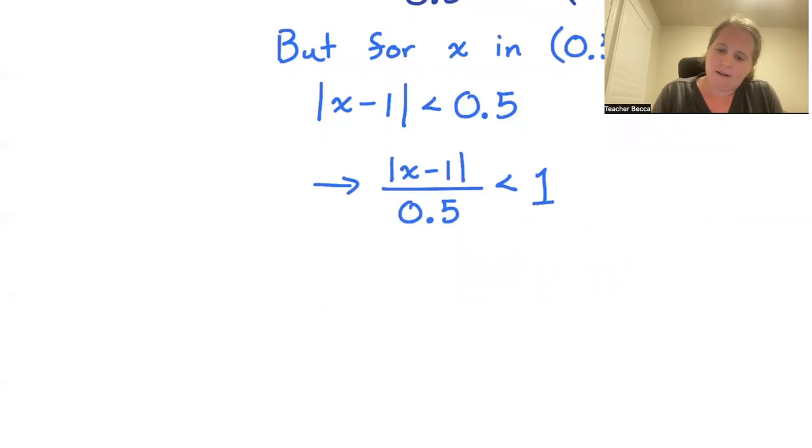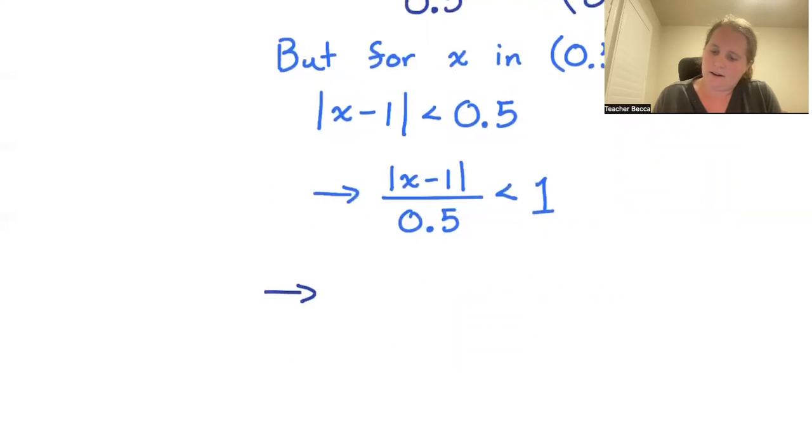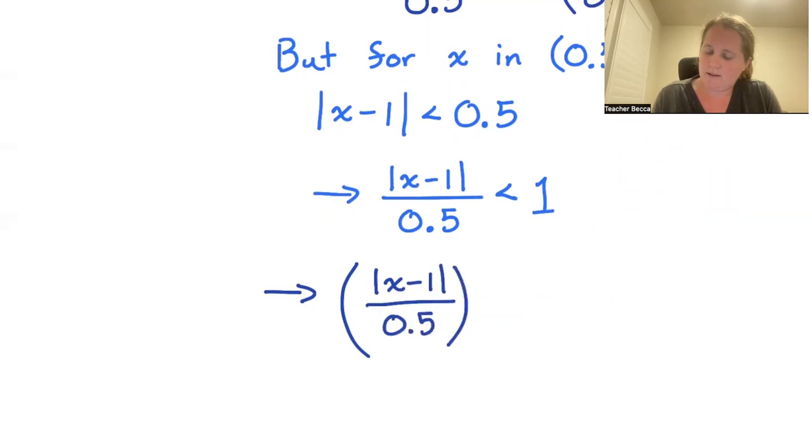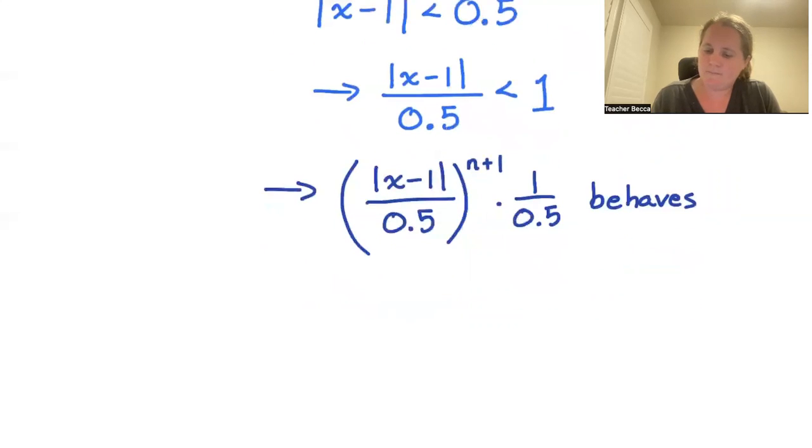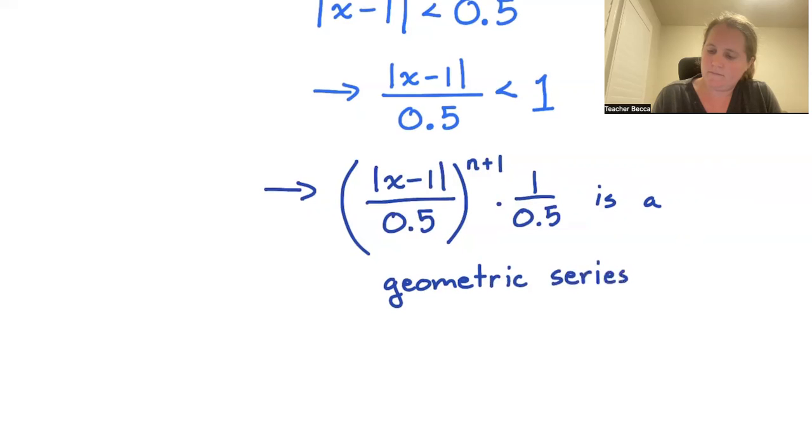So we get then that our absolute value of x minus 1 over 0.5 raised to the n plus 1, all times 1 over 0.5, behaves like a geometric series. Or is a geometric series, it doesn't even just behave like, is a geometric series with absolute value r less than 1.